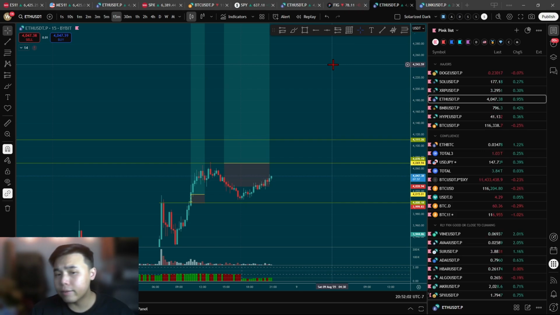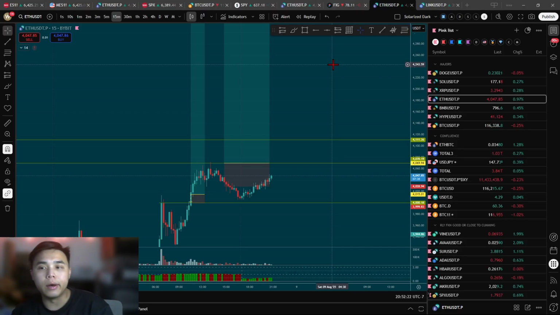So these levels are contextual. How you draw them might change depending on the asset you're trading, the time frames you're trading, and overall context.